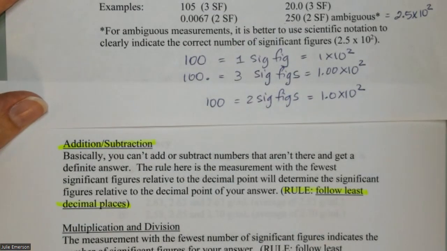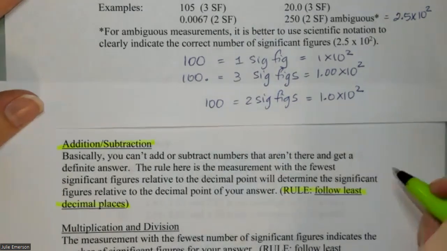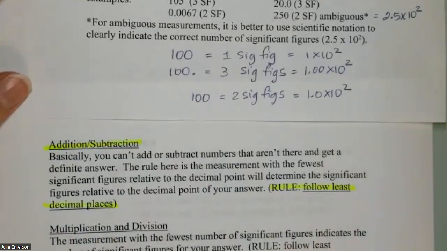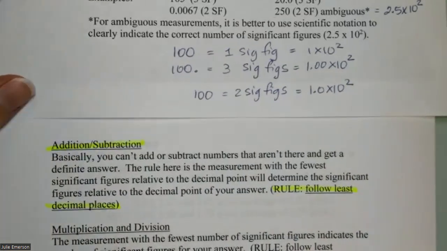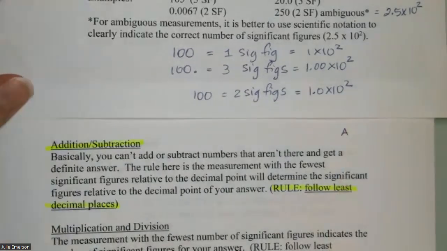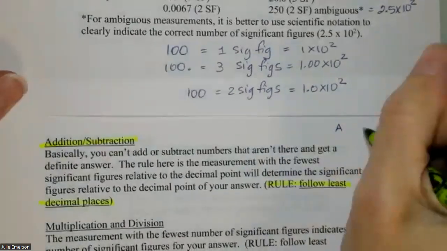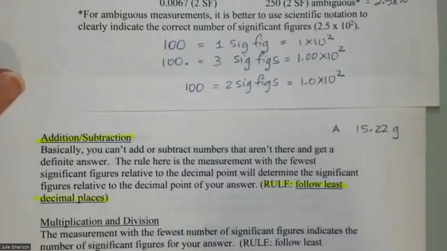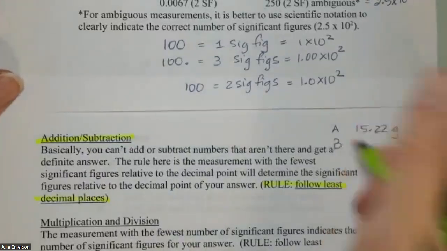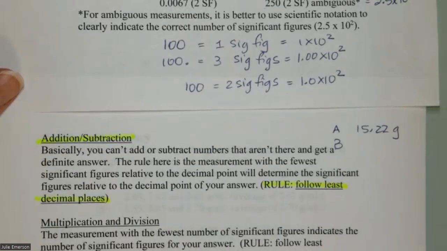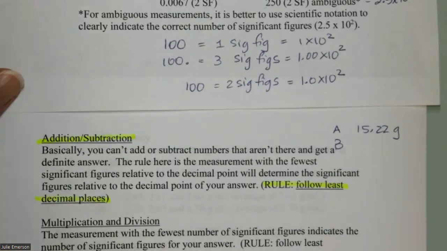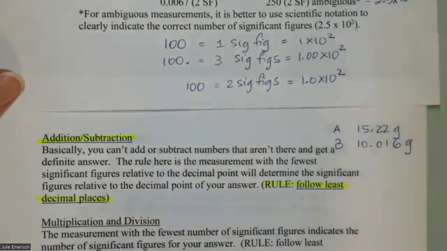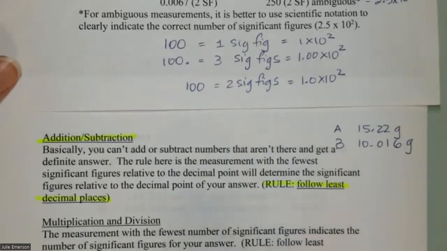The idea is, if I go into lab and use a triple beam balance to measure the mass of object A, let's say a beaker, and I get 15.22 grams. Then I use an electronic scale, a milligram balance, to measure object B. Milligram balances can go an extra decimal place, and I get 10.016 grams.